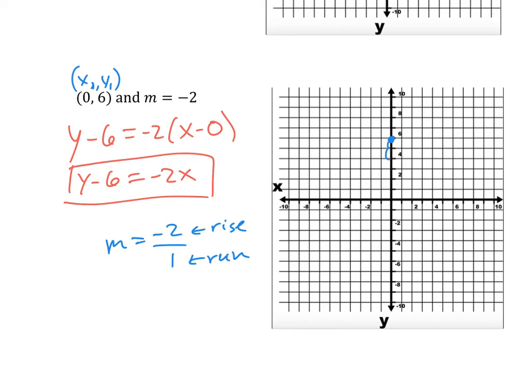So let's go down 2, and then to the right 1. This would give us a negative slope, so we know we're doing it correctly. We could also go up 2 to the left 1. Doesn't matter which of those we make negative. And then we draw our line through all of those points. And that's the equation for our line.